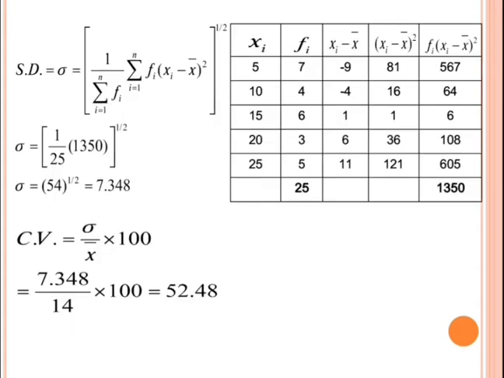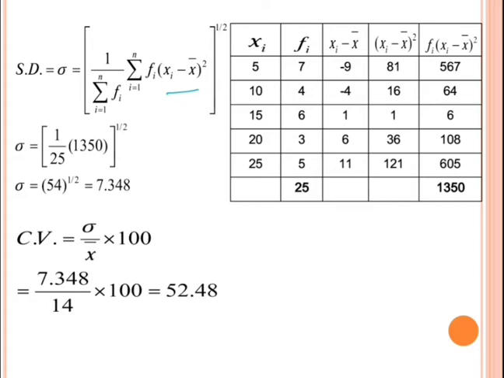Now the formula for the standard deviation of a simple frequency distribution is given by 1 upon sigma fi. Now sigma fi is 25, so here we have written 25. Next, we need xi minus x bar.